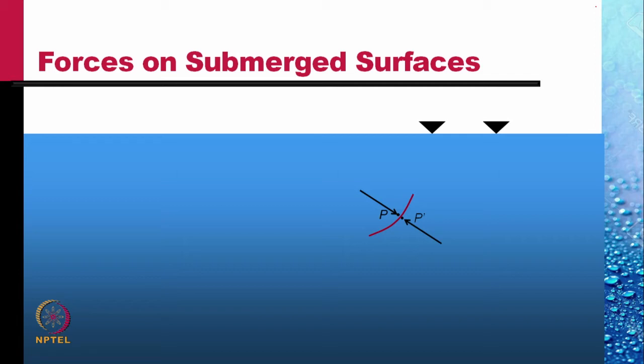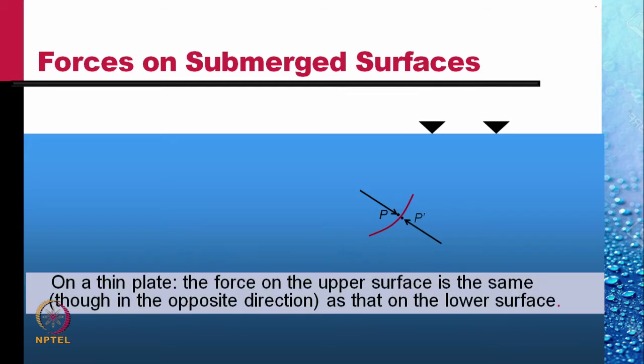The two pressures would be equal, and therefore, if we need to calculate the pressure force on the lower surface, that will be equal to the pressure force on the upper surface. On a thin plate, the force on the upper surface is the same, though in the opposite direction as that on the lower surface.